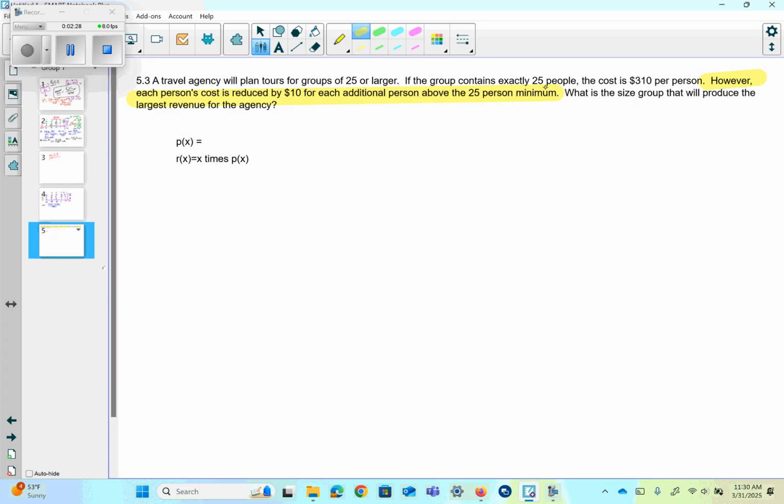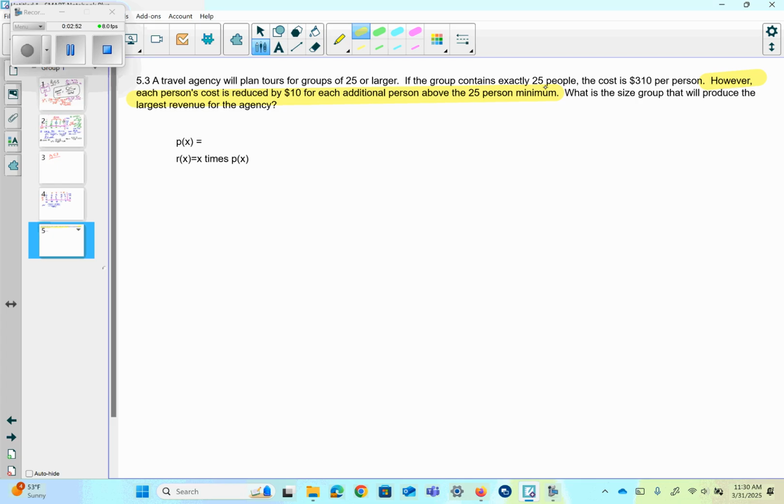How are you reading this? Are you reading this that all of a sudden, let's say we had 26 people that are going on the trip, and that means that everyone's now going to be paying $300 versus $310? Or does that 26th person get paid $300 and the other 25 people still pay the $310? How are you seeing that?